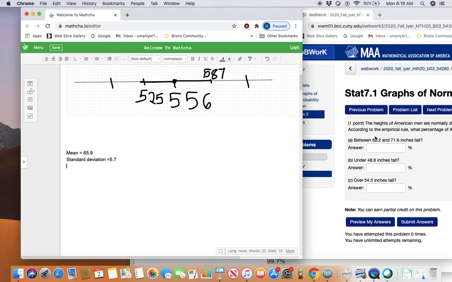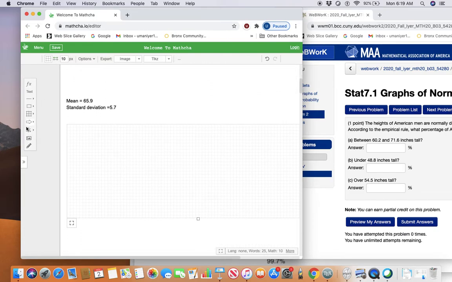All right. So you want 60.2 to 71.6. Let's figure out how many standard deviations that is. The mean is precisely in the middle, that's 65.9.